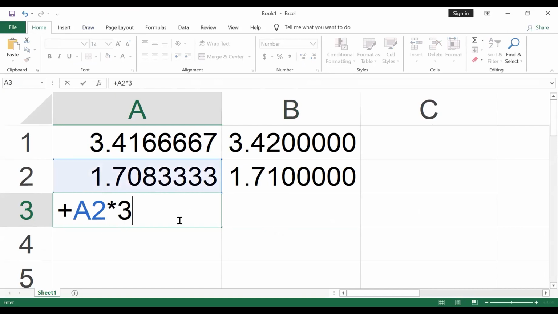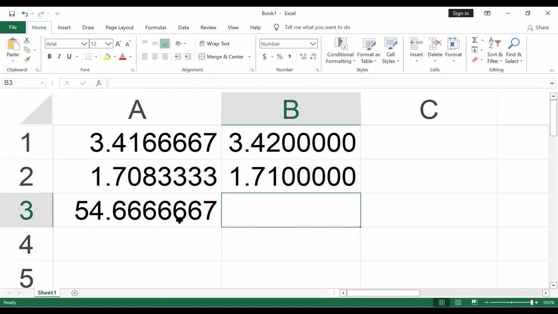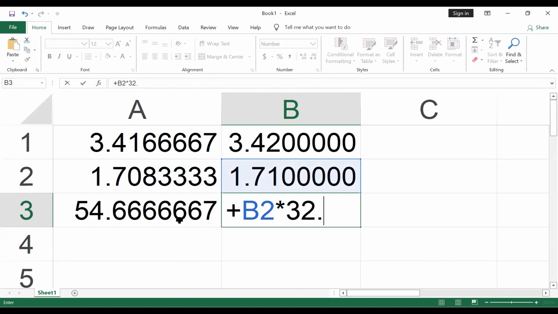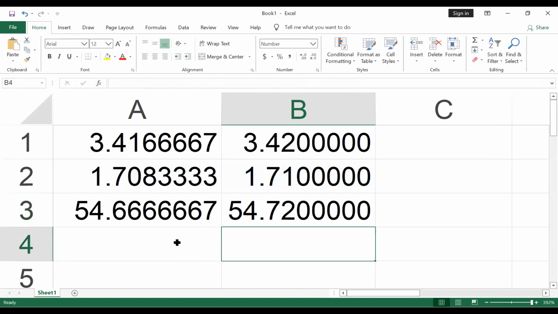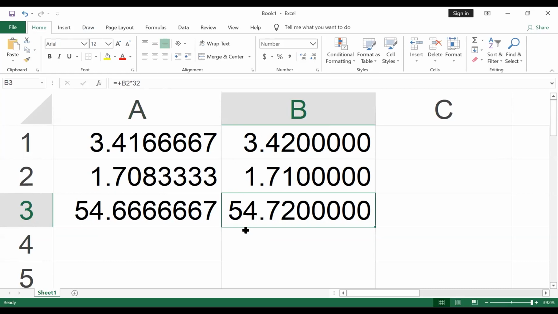Plus this times 32.0, plus this times 32.0. Now, if I round this off, oh, this is unusual. It doesn't always happen. But if I round this one off to 3 significant figures, I get 54.7. And if I round this one off, which I rounded off at each step when I was doing the math, I get the same number.